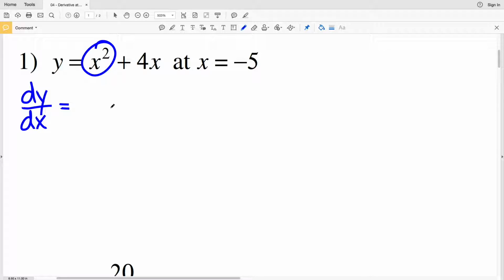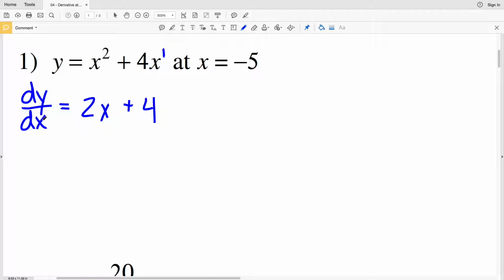The derivative of x squared, using the power rule, is 2 times x to the 2 minus 1, which is 1. So we'll have 2x plus the derivative of 4x to the first. That 1 gets multiplied by the coefficient 4, so that's 4, times x to the 1 minus 1, which is x to the 0, and that is equal to 1.